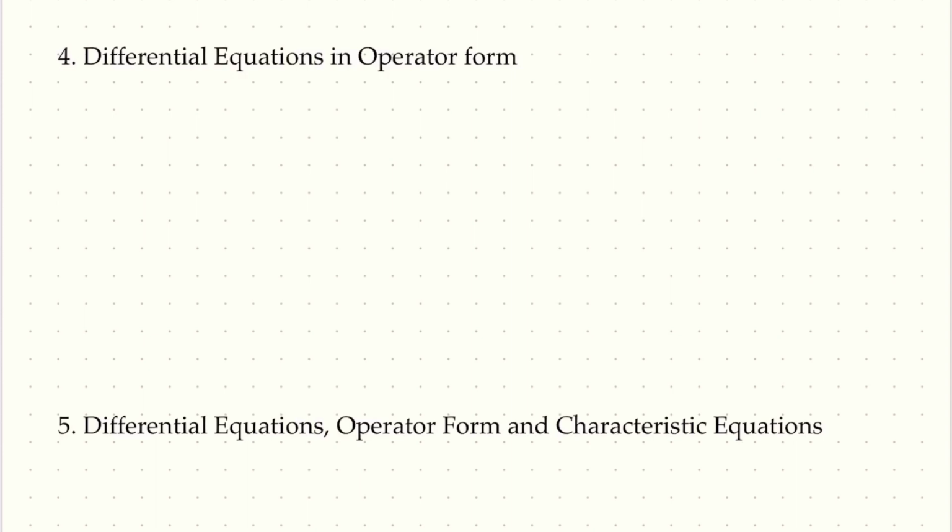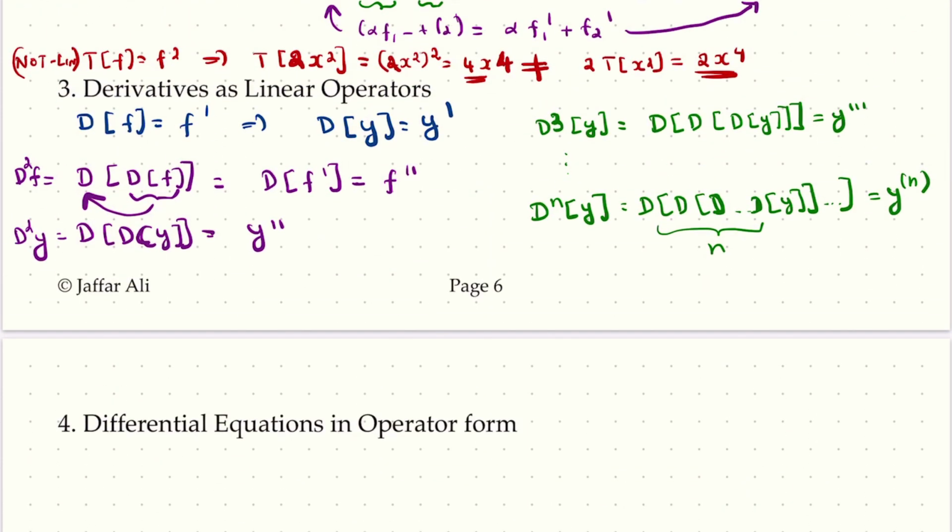Let's take a look at this very simple derivative. And by the way, before I go, I want to quickly talk about one thing. When we call it d squared, there's another way you can write it. D squared of y is the same as saying d composed with d of y.